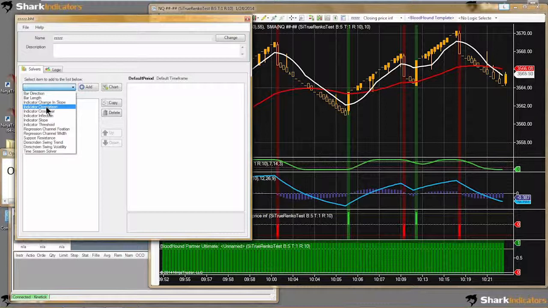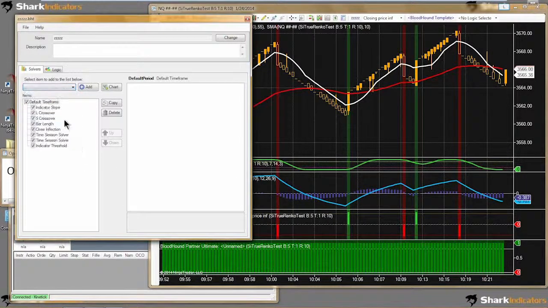Once again, a comparison solver is just doing a simple comparison. Let's see, do I have a comparison solver on here? No. Let me drop this down. Let me add this on here.